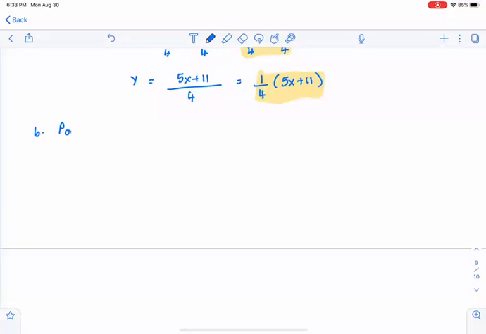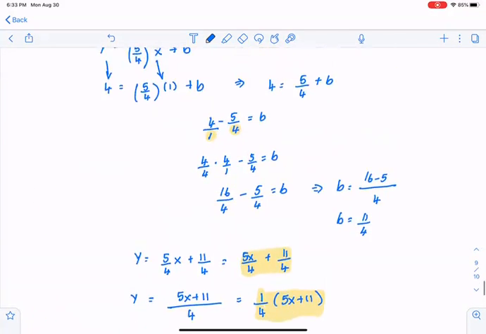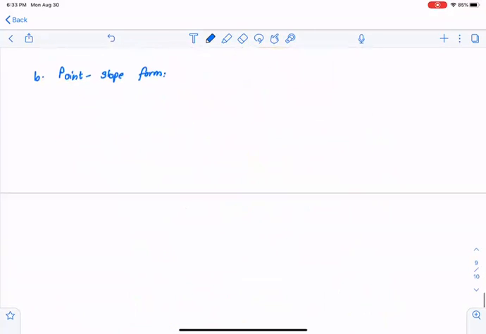Point slope form. So let's see, I have y minus y1 equals m times x minus x1.